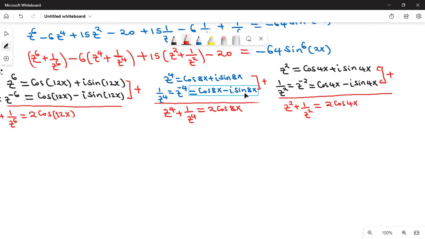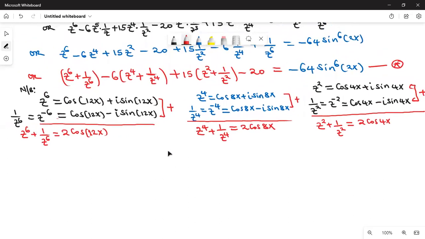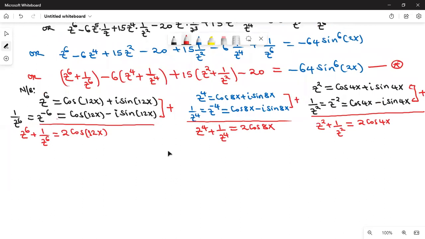Now, go back to this equation. Let me call it equation star here. Look at our equation star. I am going to substitute those results. Equation star will now become, we substitute: the first one is 2 cosine of 12x.